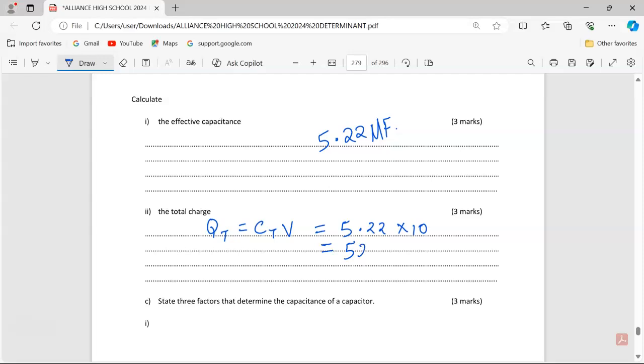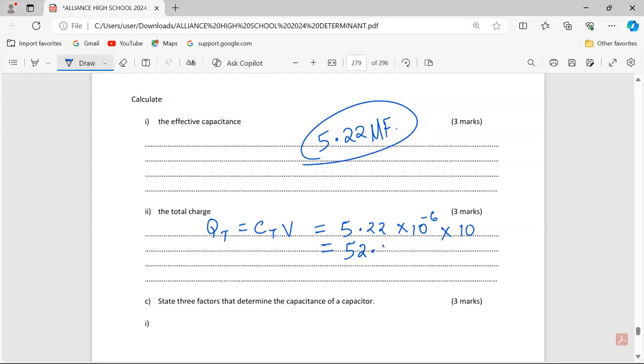So 52.2, but it's good to know that the capacitance should be converted to SI units. It's in microfarads, so we multiply by 10 power negative 6, and then multiply by the voltage of 10.